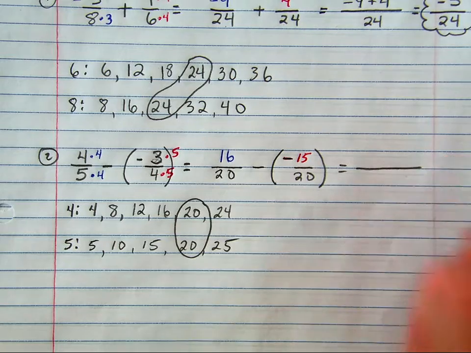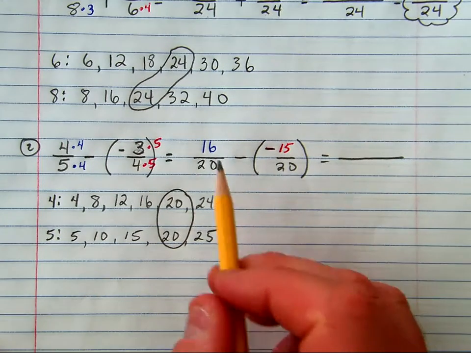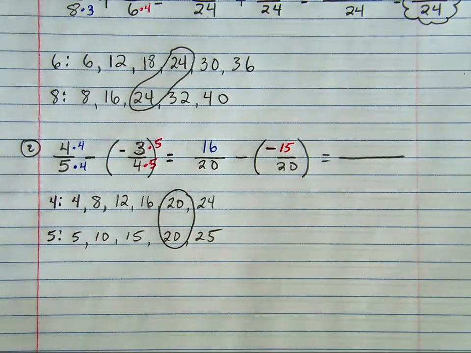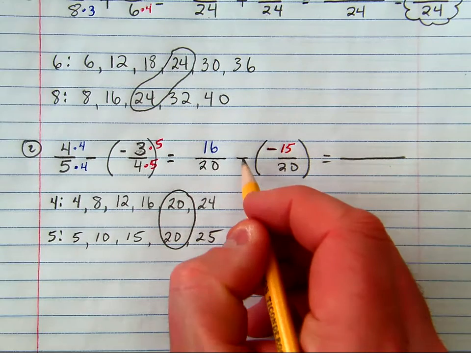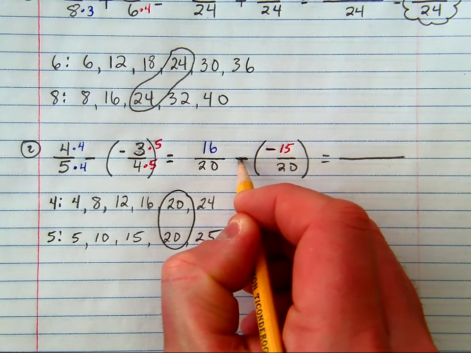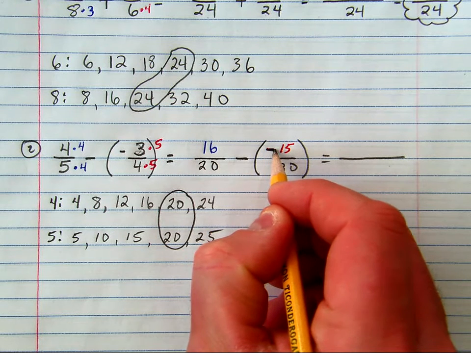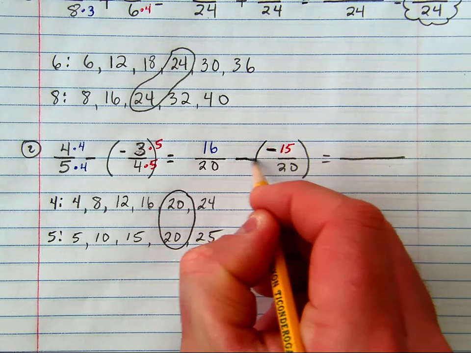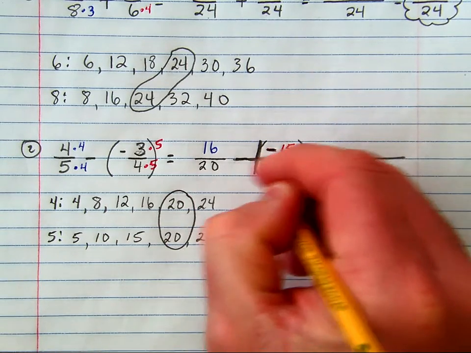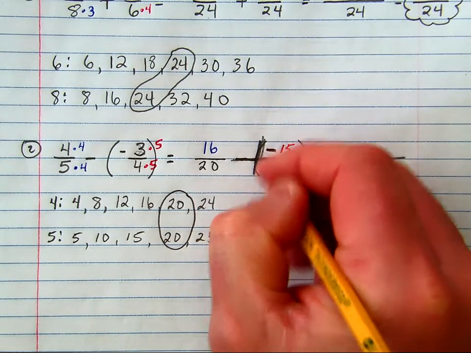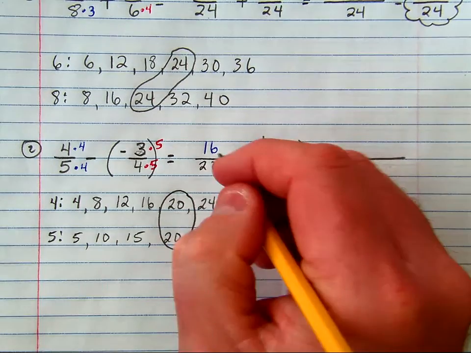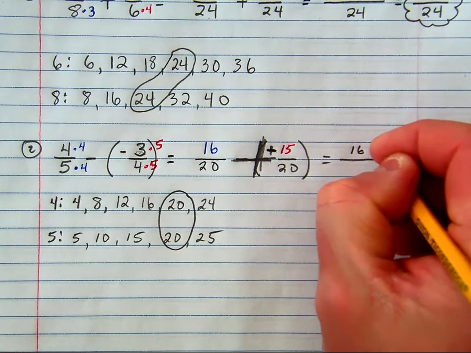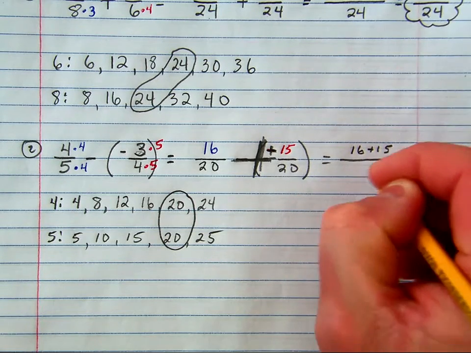Now notice what we have. It says 16 minus negative 15. Now we're going to do the keep inverse inverse. And you guys should know that if I take away all the negatives, what's left? Just positives. So we're doing 16 plus 15 over 20.